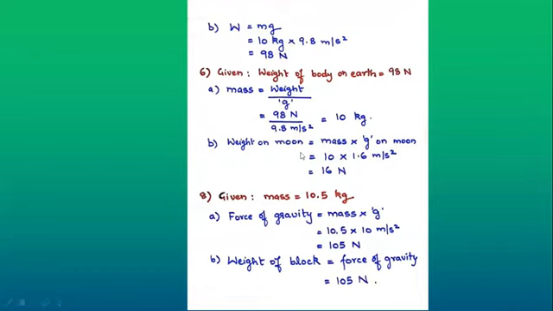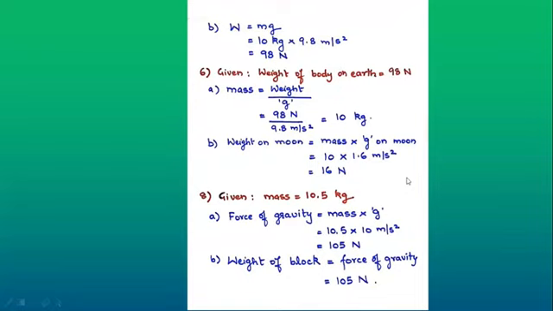Then weight on moon, you need to know the acceleration due to gravity on moon, which is given. Mass 10 kg, acceleration due to gravity given 1.6 meter per second square. On solving, weight of the body on moon comes out to be 16 Newton.